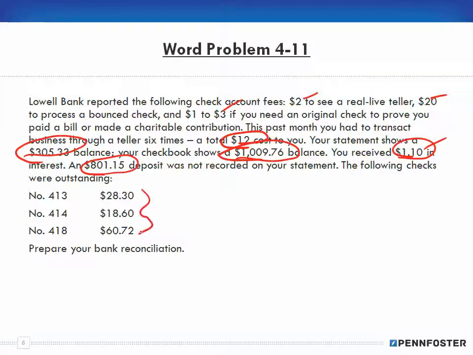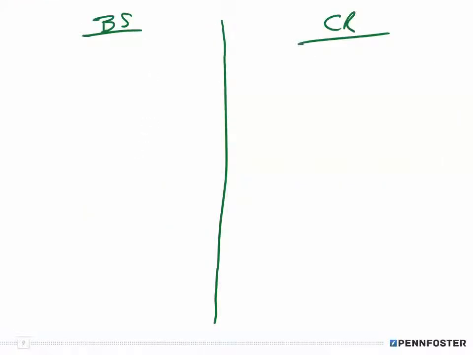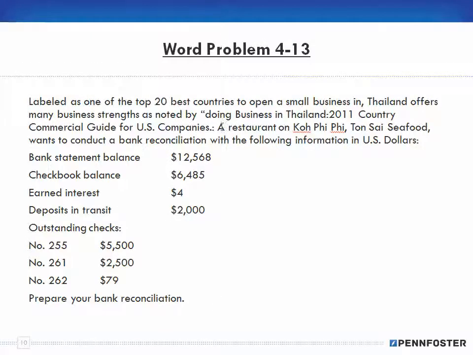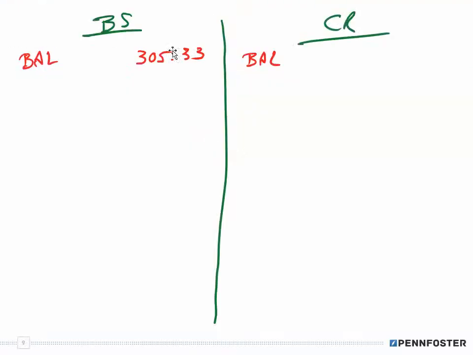And then you had these as outstanding checks. Okay, so go down, new slide, middle of the page, bank statement, check register. Your statement shows a $305.33 balance, and your checkbook shows $1,009.76.